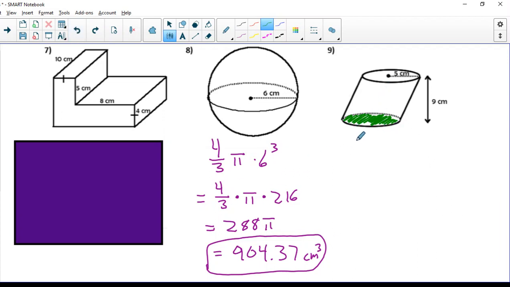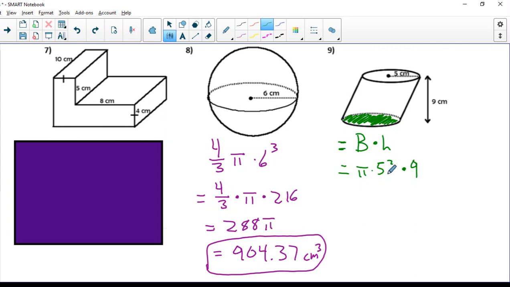I'm really just doing base times height again. The base here, I'm saying base with a capital B, just means the area of that bottom circle. All right, so we really need to do pi r squared to get that base, to get that circle. I'm doing pi times the radius is 5 squared, and we'll multiply that times the height, times 9.